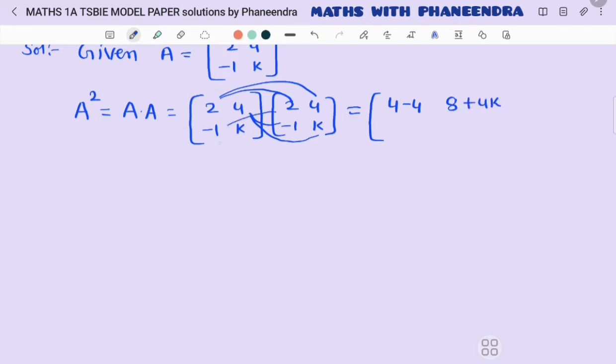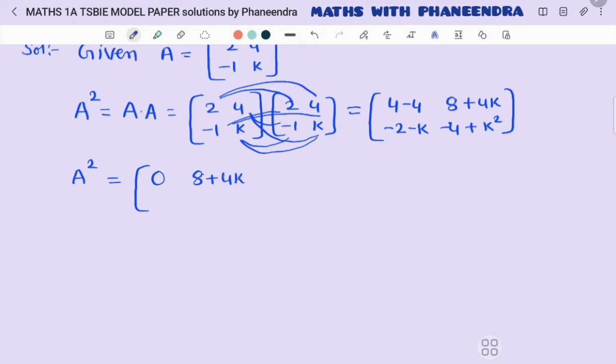Next, minus 1 into 2 is minus 2, minus k. Next, minus 1 into 4 is minus 4, and k into k is k square. So A square is equal to [4-4, 8+4k; -2-k, -4+k²].